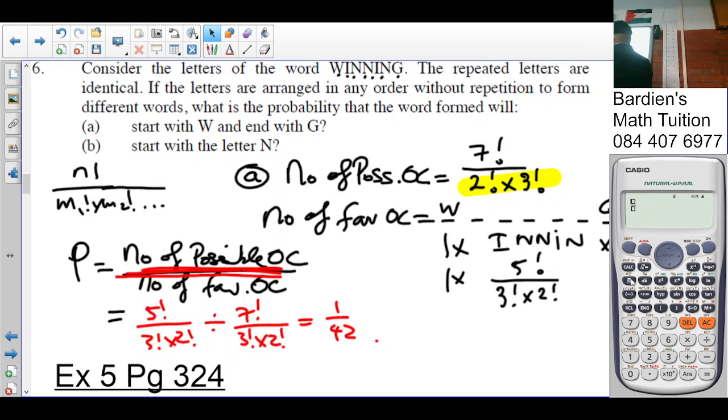Okay, let's check. 5 factorial over 3 factorial times 2 factorial divided by 7 factorial. 1 over 504.